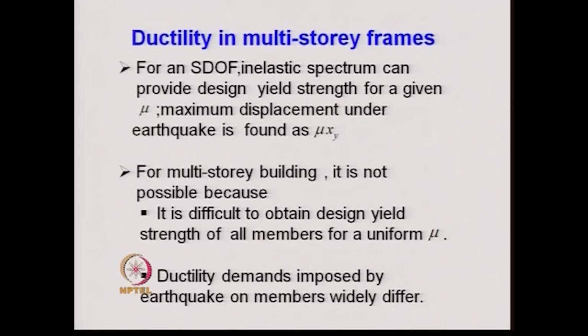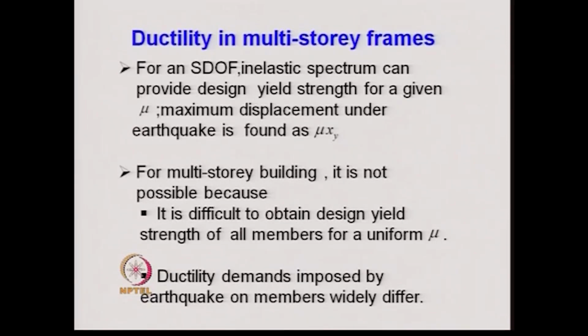However, once we are trying to use the same concept for the multi-story building, it is not possible to get a yield strength straight away for this structure for a specified value of mu because of the following reasons.